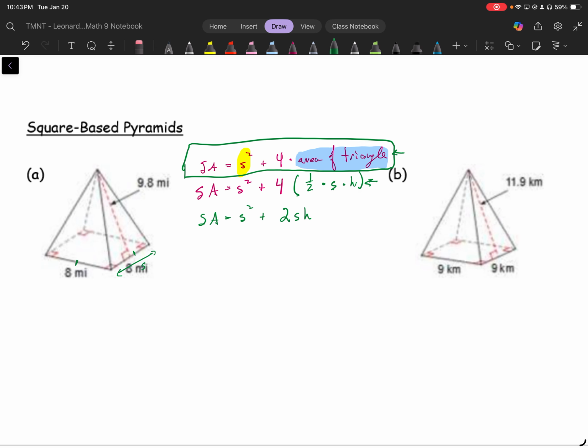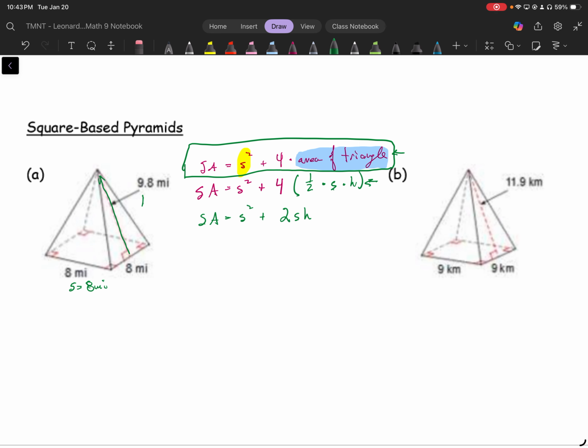So very simply, I'm just going to highlight, what do I know? I know the side length of my base, and it's a square-based pyramid, so the bottom is a square. So my side length is 8 miles, and that's good. Now, the height from bottom to the point, this is what I call the height.